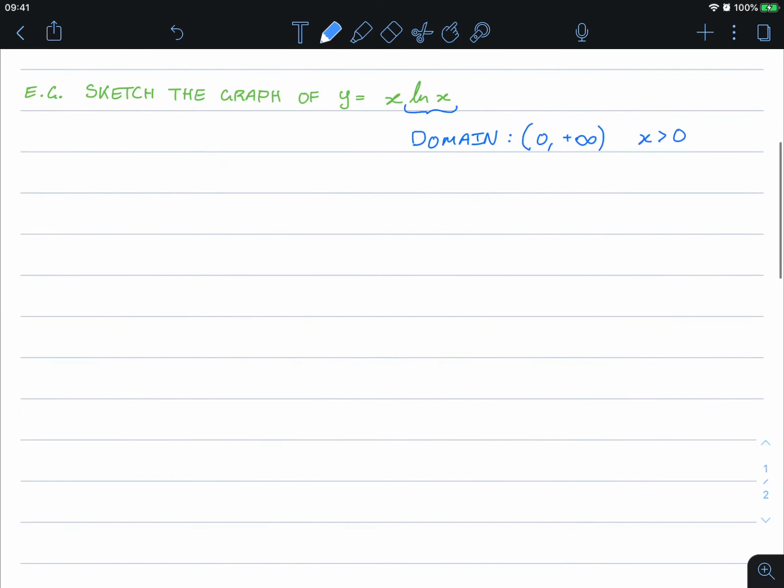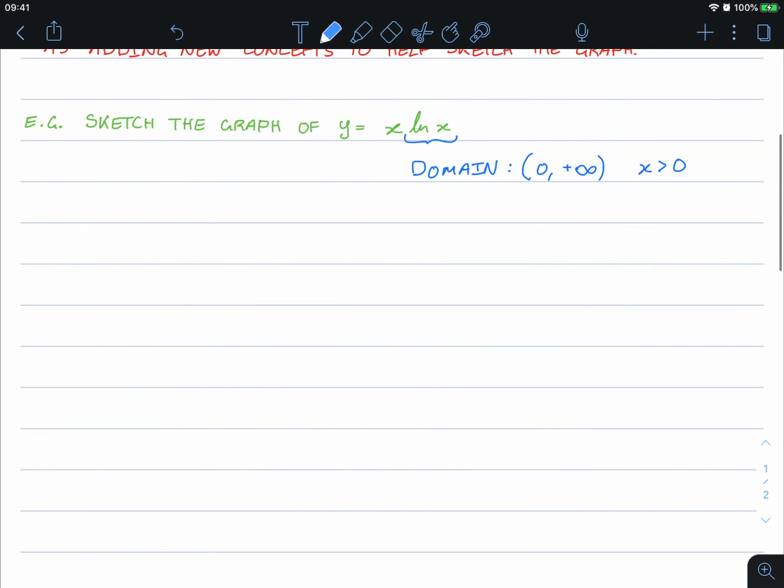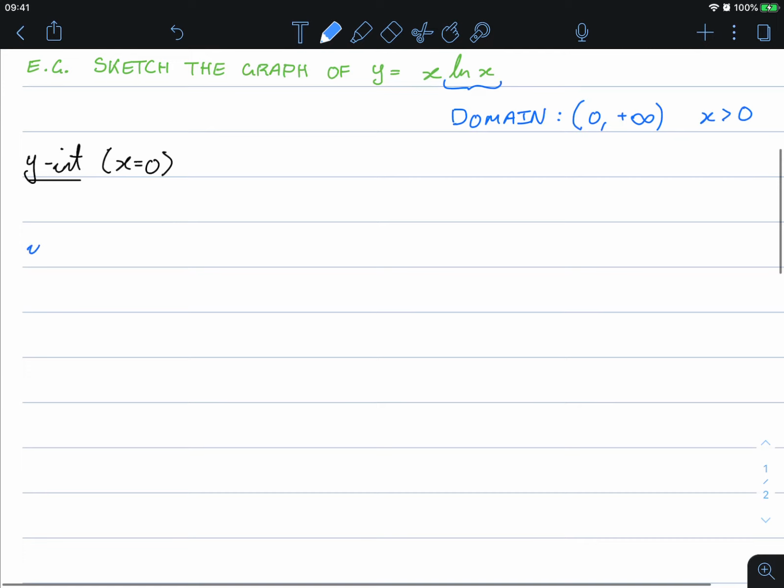So first, let's find the easiest points, the intercepts. I'm going to begin first with the y-intercept. And I hope you guys remember, y-intercept, x equals 0. Well, if we type in y of 0 equals, well, since it's x, it's going to be 0 times ln of 0.